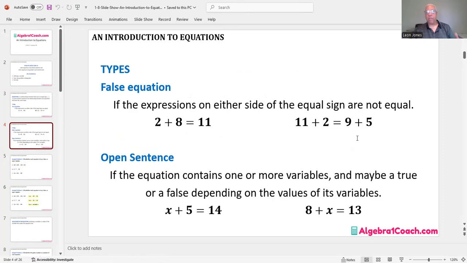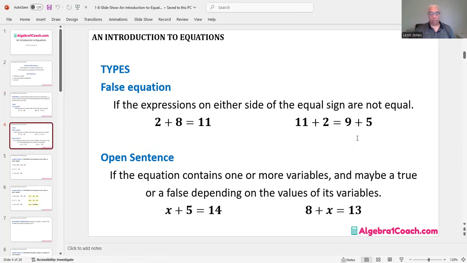Now that's the false equation. Now we have an open sentence. If the equation contains one or more variables, it may be true or false depending on the values of its variables. Well, you have x plus 5 equals 14, and x plus 8 equals 13, or 8 plus x equals 13.